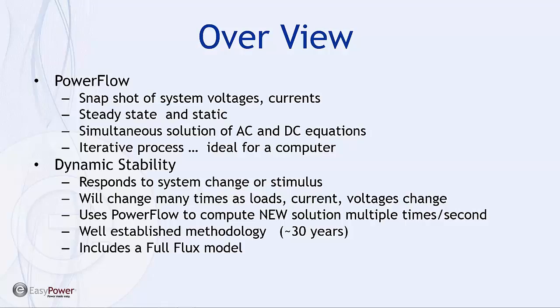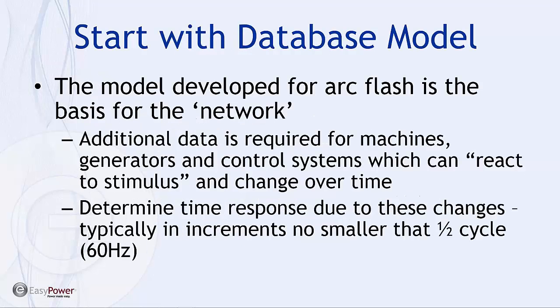To properly predict the system response, we need to include something called the full flux model in the elements which have interactive magnetic fields and which will be affected by the changes in current or voltage.